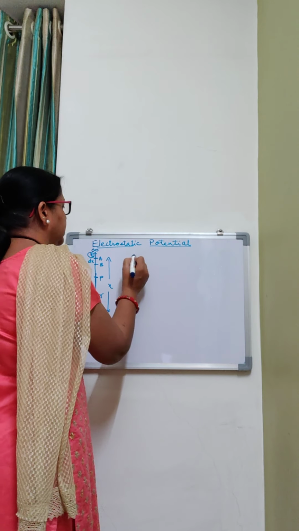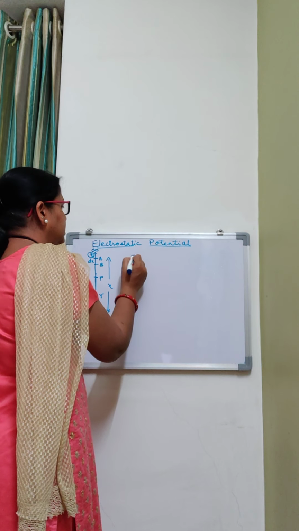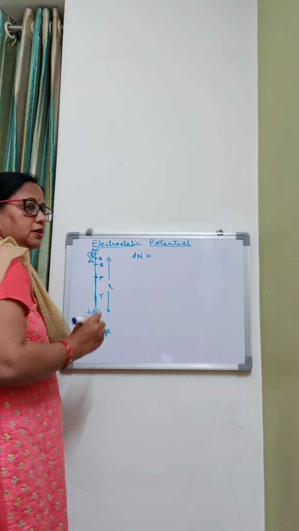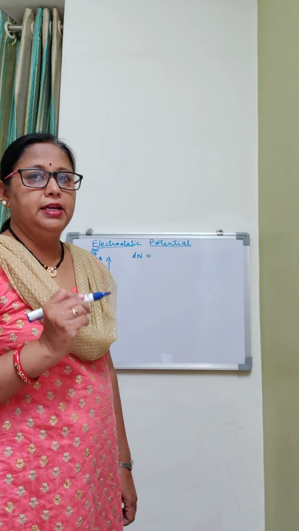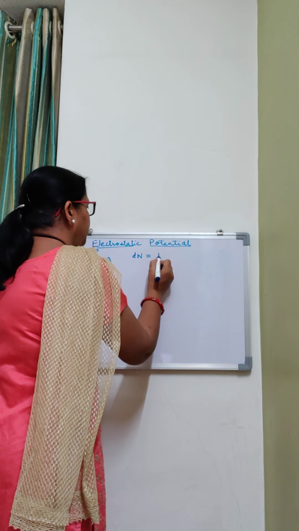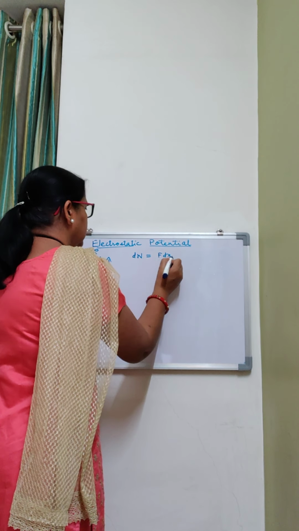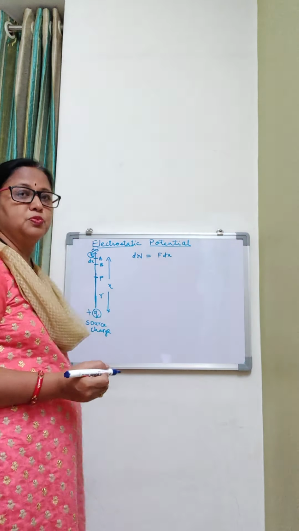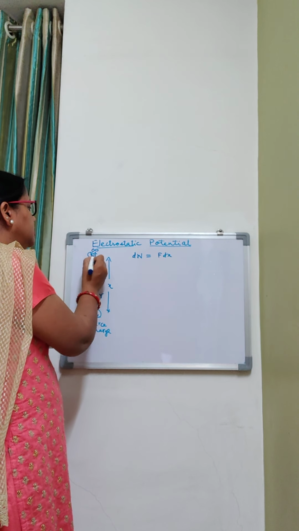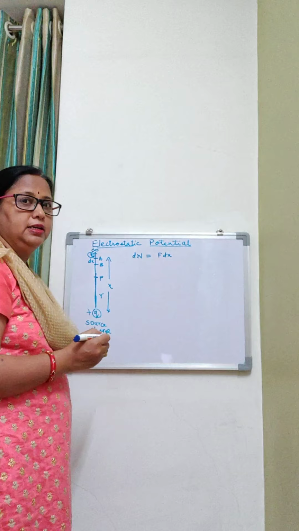Therefore, the work done in that case can be written as dW, small work done, and we are moving it from A to B. So the formula will be F into dx, where dx is the distance between A and B. Now we have placed the test charge Q naught at point A.